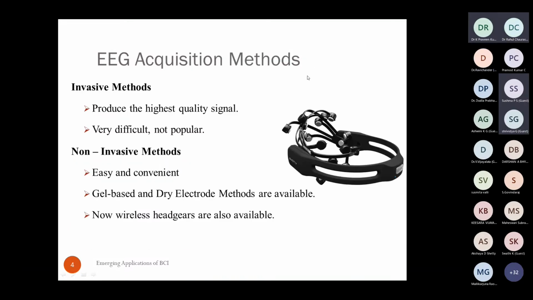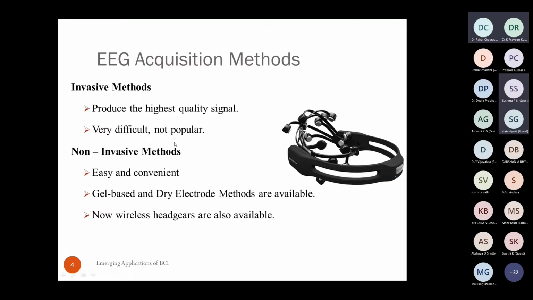The EEG acquisition methods are basically of two types. Invasive means you are acquiring from inside your scalp directly from the brain. For that, you need to make holes in your scalp. That is very difficult and not a popular method in human beings. But when I was a student at IISc Bangalore, there was a lab called the Primates Research Lab.